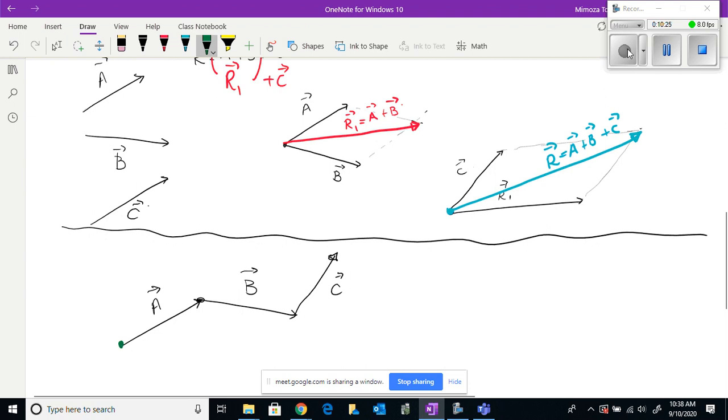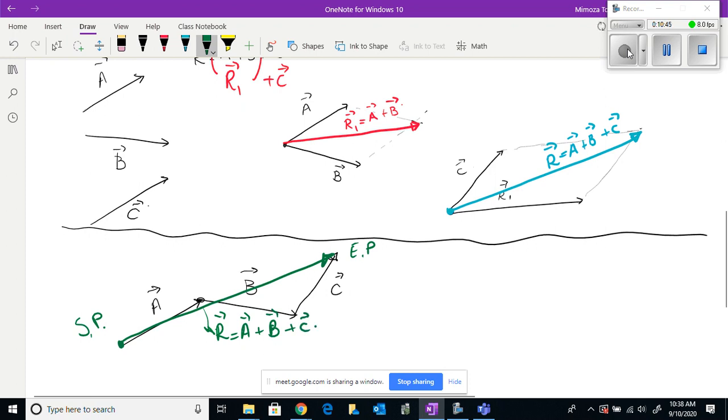So we connect the starting point with the end point. And this will be the resultant A plus B plus C.